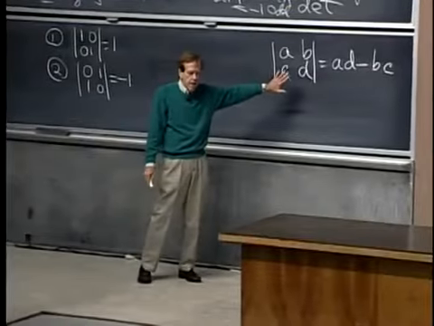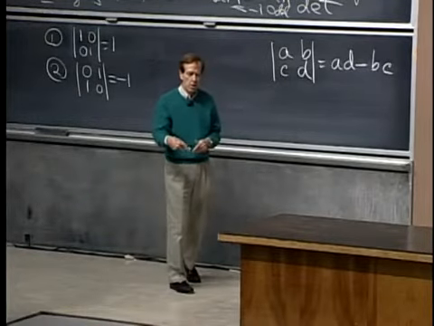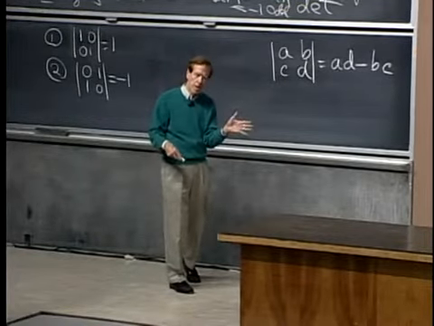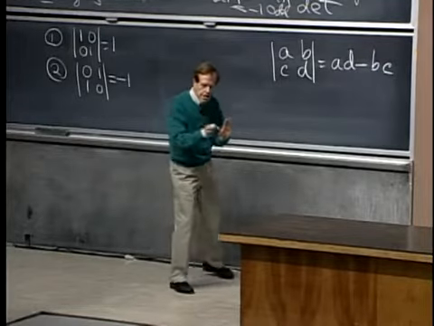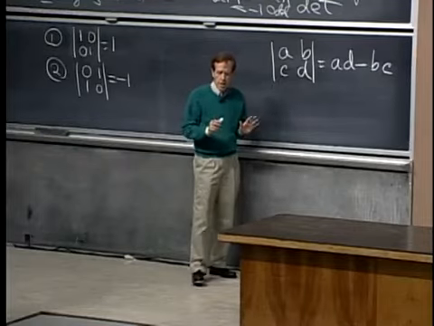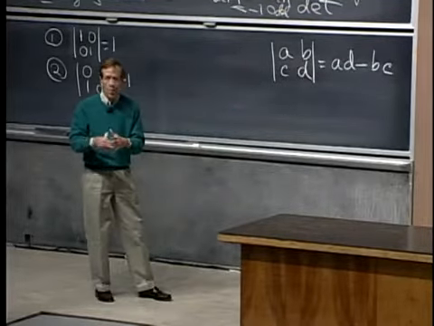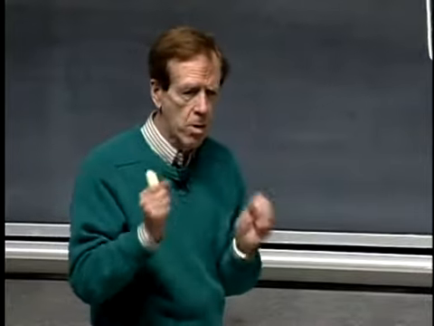I'm going to leave that up as the 2 by 2 case that we already know, so that for every property I can check that it's correct for 2 by 2s. But the whole point of these properties is that they're going to give me a formula for n by n. That's the whole point.